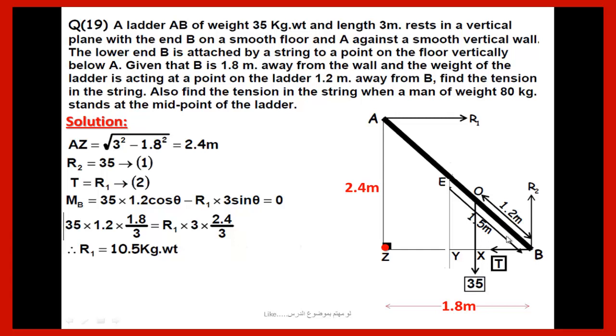Sine theta equals AZ over AB, which equals 2.4 divided by 3.